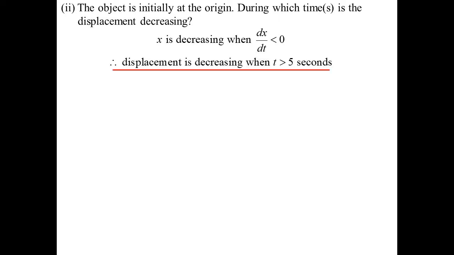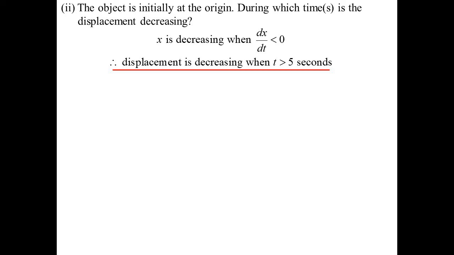They're telling us that initially it's at the origin. So during which time is the displacement decreasing? Well, we know it's decreasing when the derivative is less than 0. So dx/dt is less than 0. In other words, displacement is decreasing when t is greater than 5. Well, how did I know that was greater than 5?